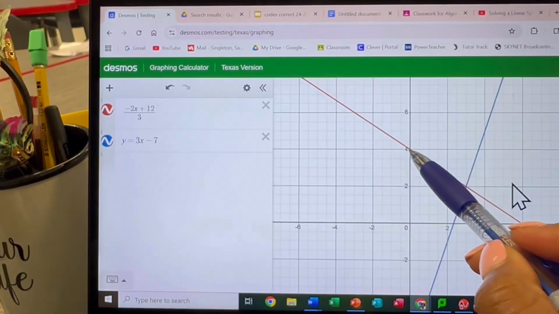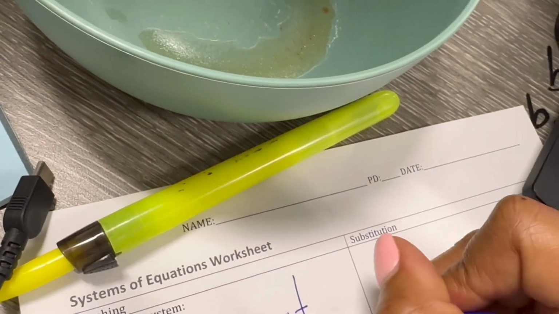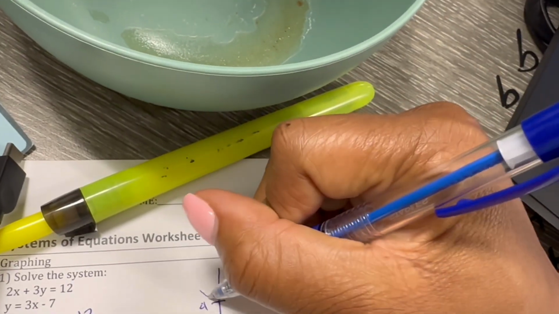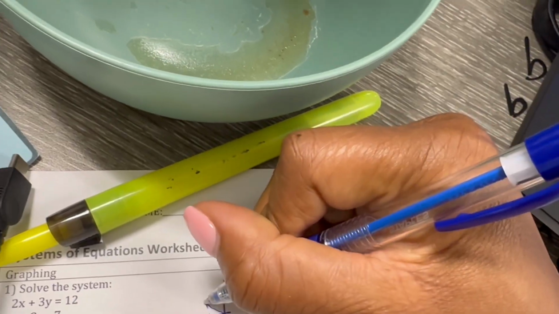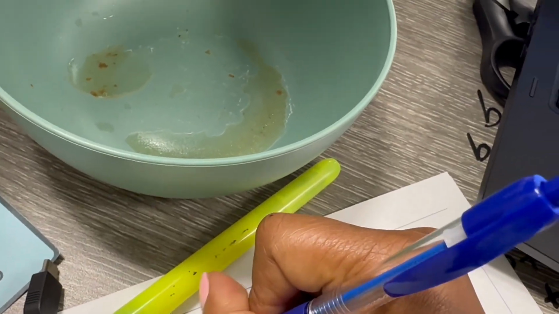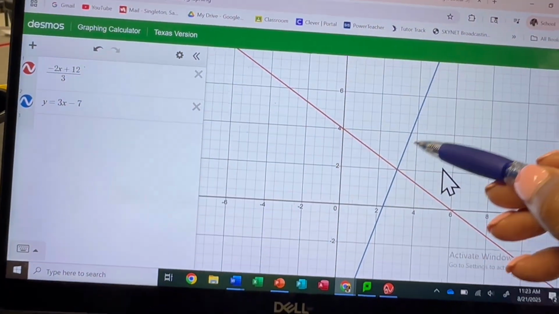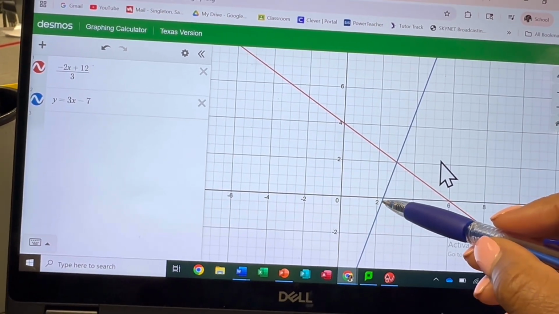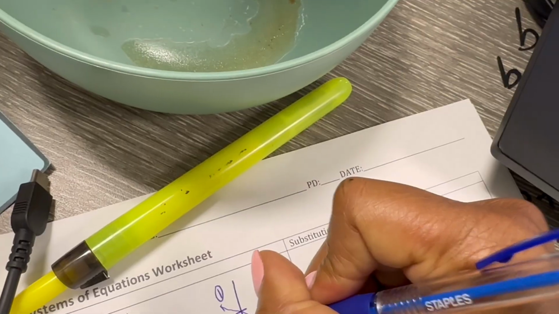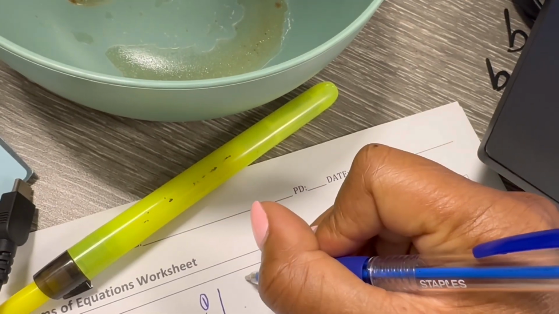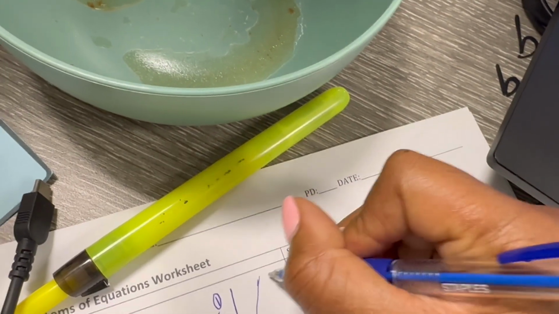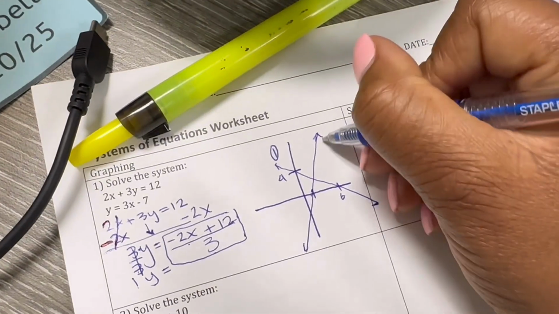The first line is going through 4 and 6, and the blue line is going through around 2, 5 somewhere. Just estimate it.